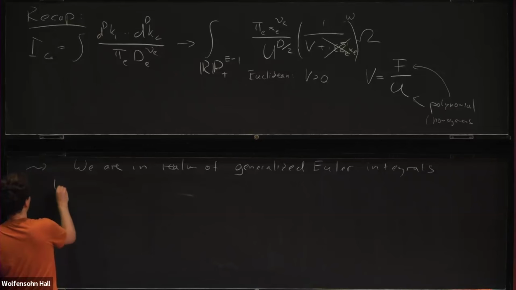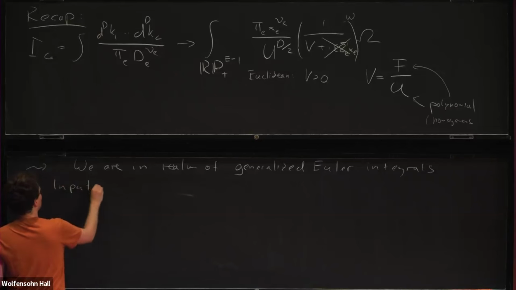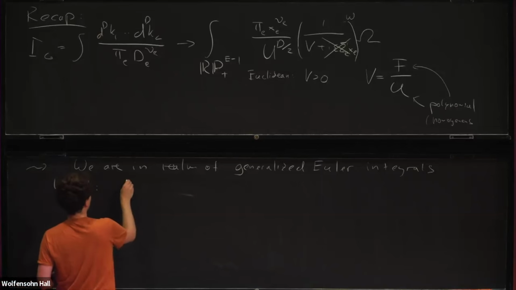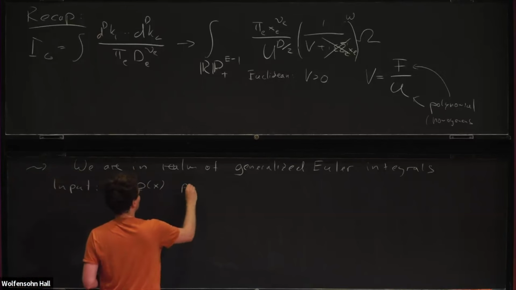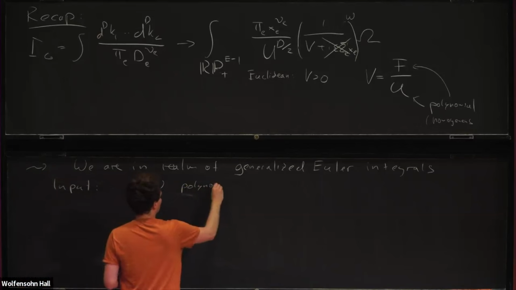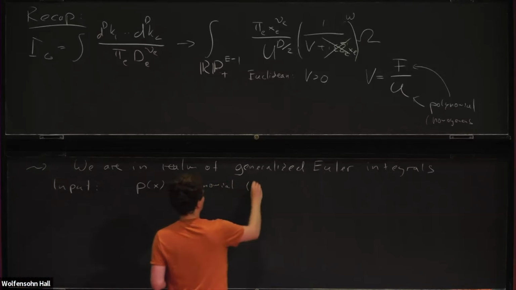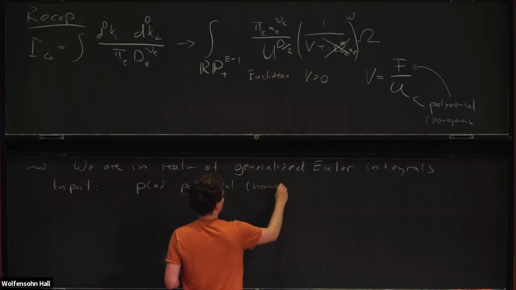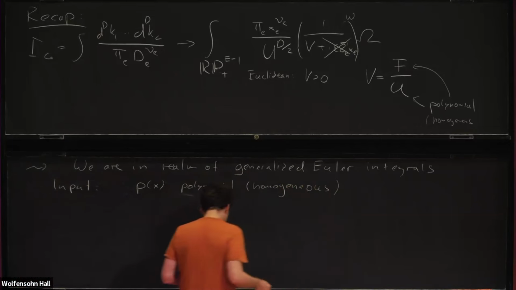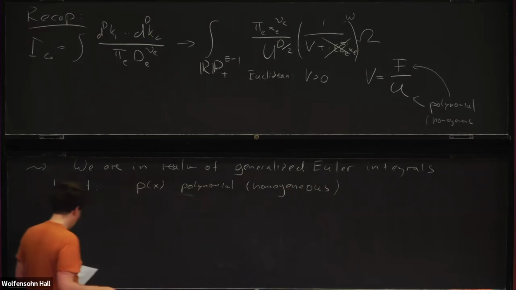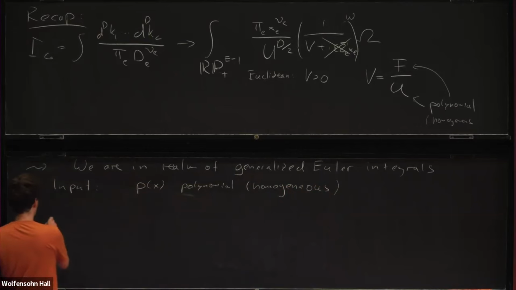So as an input, we take a general polynomial, which is homogeneous, and we can write down an integral that depends on some parameters, like these nus.